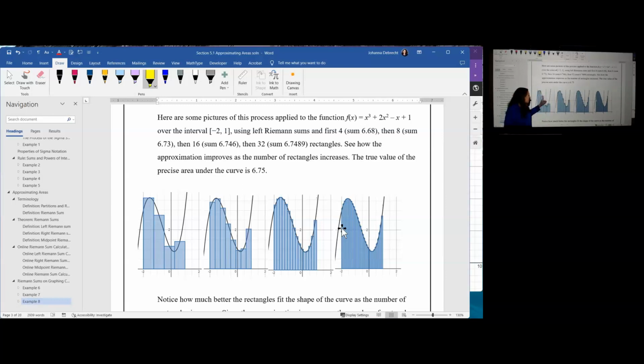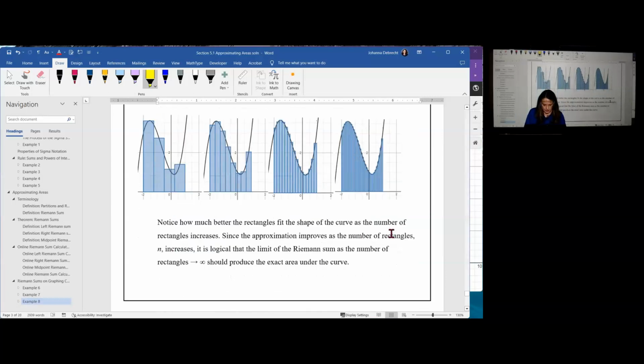And you can tell that the rectangles are much more closely following the shape of the function. The true value under this one over this interval is 6.75. And 32 rectangles got us a value of 6.7489, which rounds, of course, to 6.75.